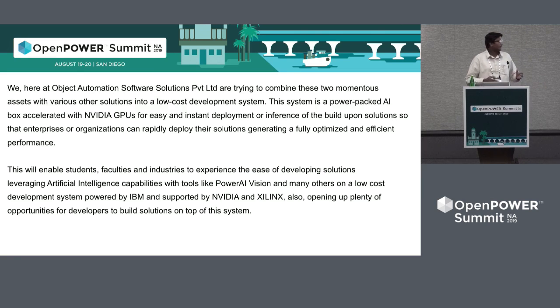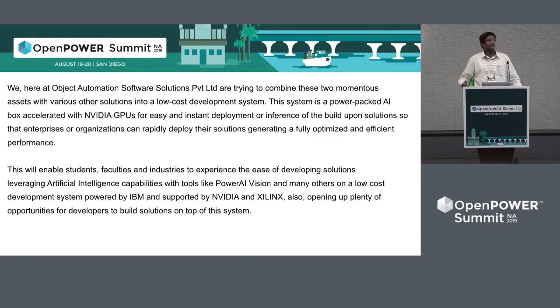So we here at Object Automation Software Solutions are trying to combine these two momentous assets with various other solutions into a low-cost development system. This would be of great help to students in suburban districts and rural areas, to come up with their ideas and their experiments for the betterment of the world. This system is a power-packed AI box accelerated with NVIDIA GPUs.